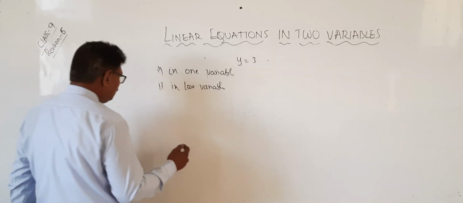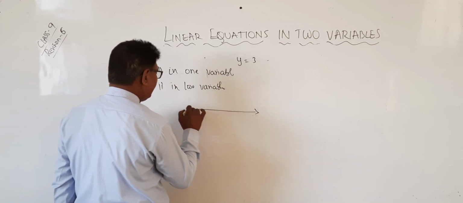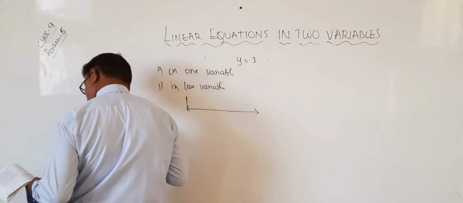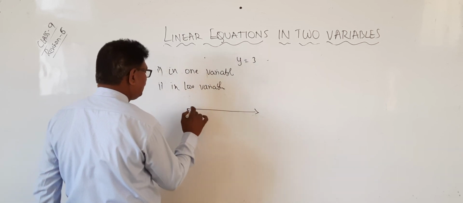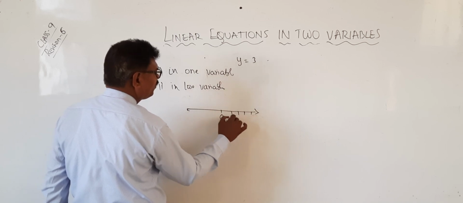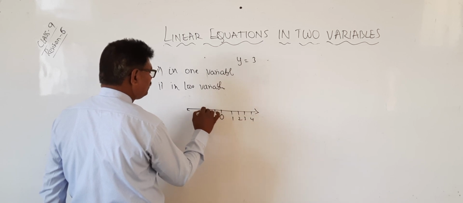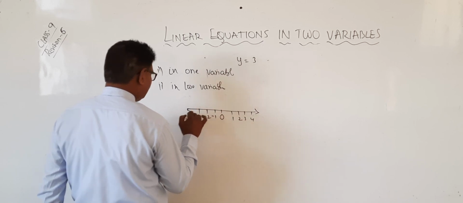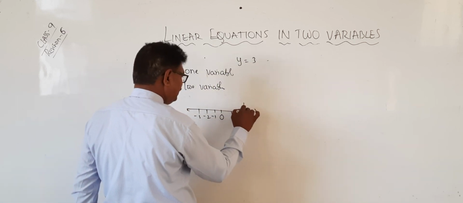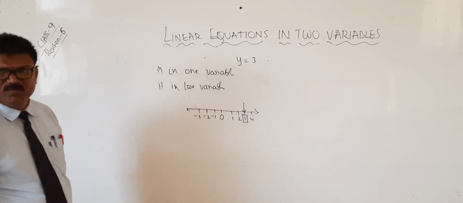If y equal to 3, you can keep it like this. This is x. So in the number line directly you can write 0, 1, 2, 3, 4, and minus 1, minus 2, minus 3. Like this. But here directly you can write y equal to 3 in one variable.